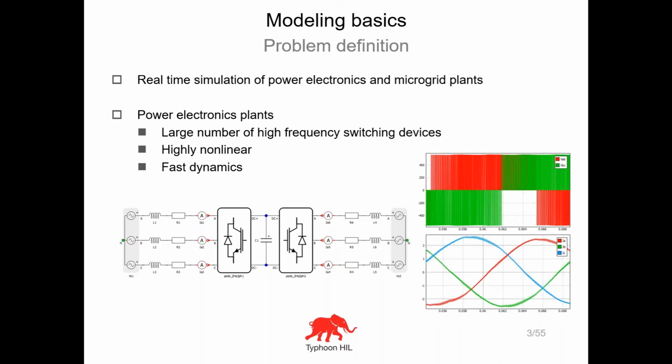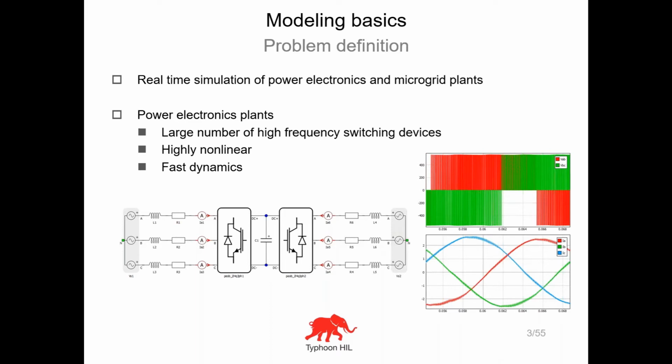Today, it is not uncommon to have medium to high power converters switching at tens of kilohertz and running in fast control loops. All of this requires very fine simulation resolution to properly model the dynamic behavior of the power plant.